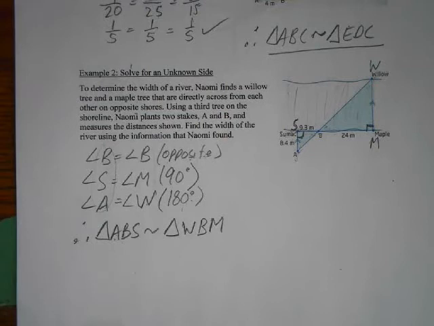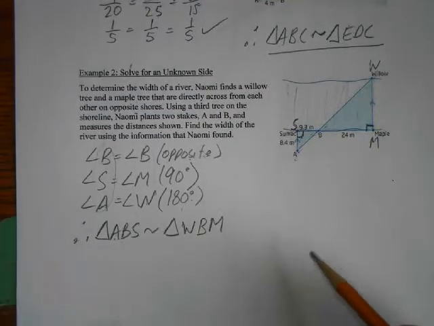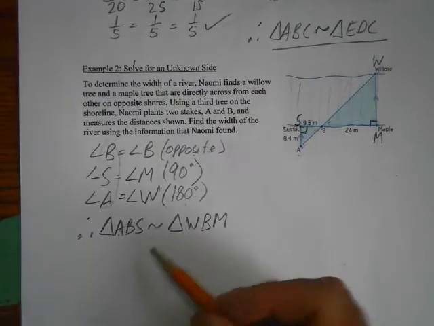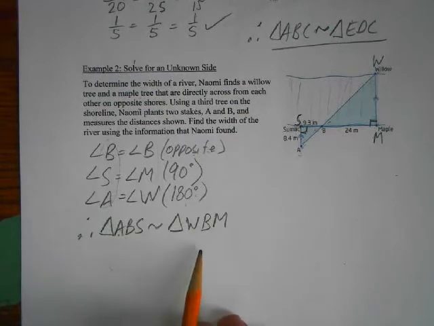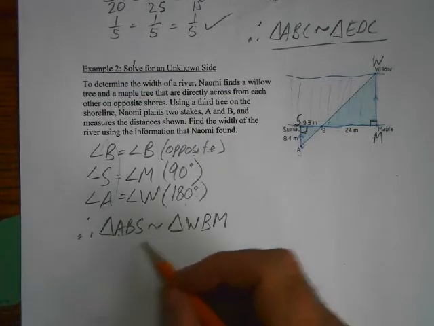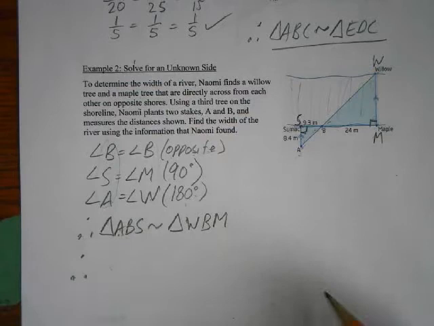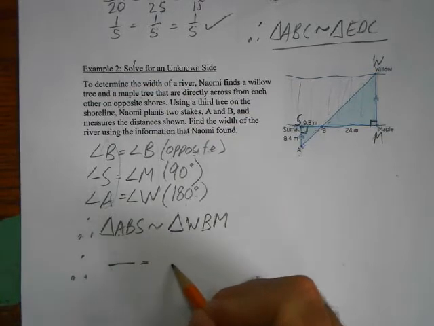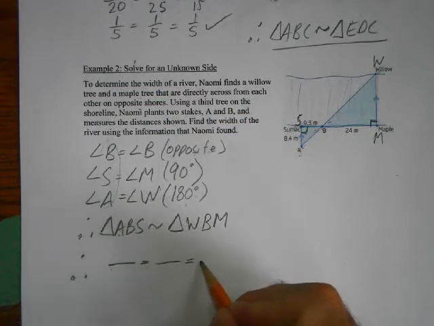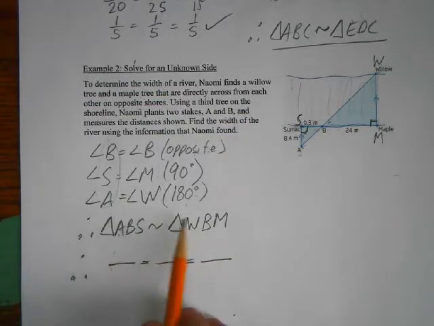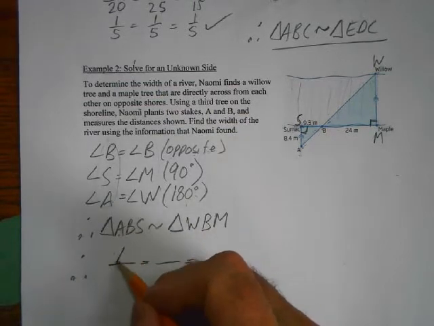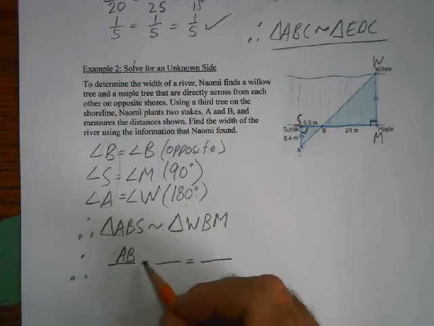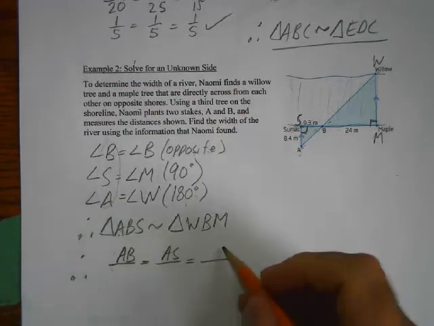Okay, now here's where we kind of did what we did in example 1. I'm going to put out the ratios of the sides. So since these are similar triangles, therefore I'm going to put my 3 ratios, and I'm going to put the sides of the 3 sides. So I've got AB, I've got AS, and I have BS.